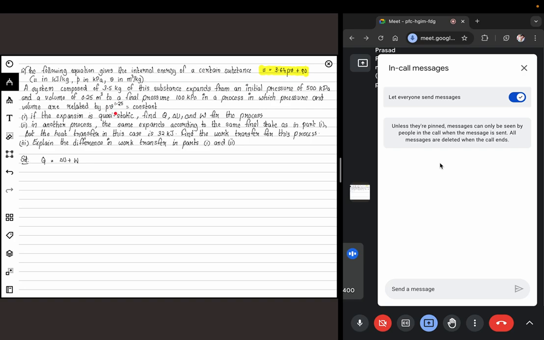So we know work done in case of a polytropic process is given by, if you have PV to the power n as constant, in that particular process work done is given by P2 V2 minus P1 V1 over 1 minus n, since in this particular case the system mass is also constant, this is equivalent to saying PV to the power n is constant.